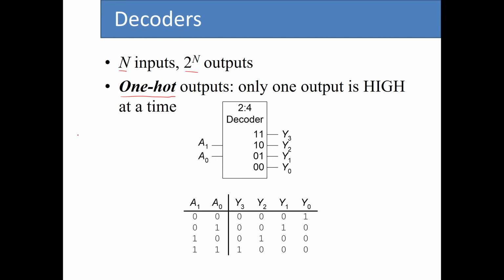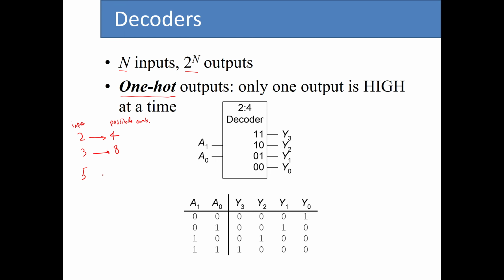Remember we said that if you have 2 inputs, we have 4 possible combinations. If we had 3 inputs, we had 8 possible combinations.